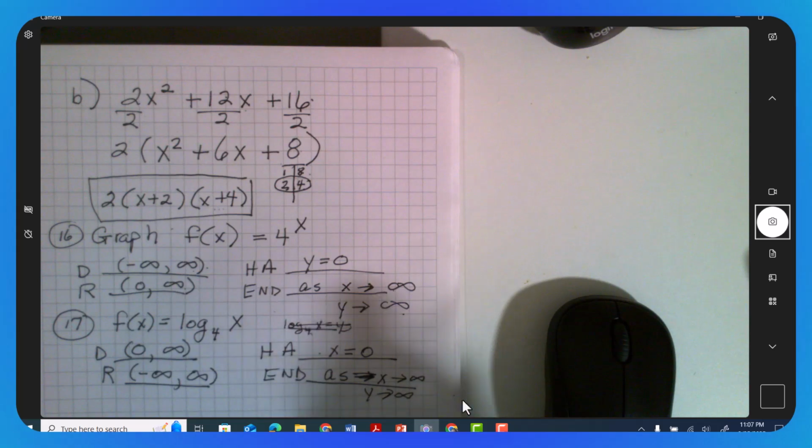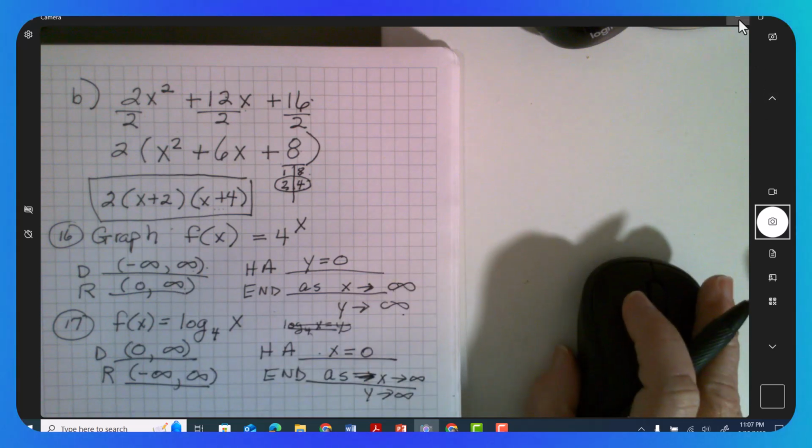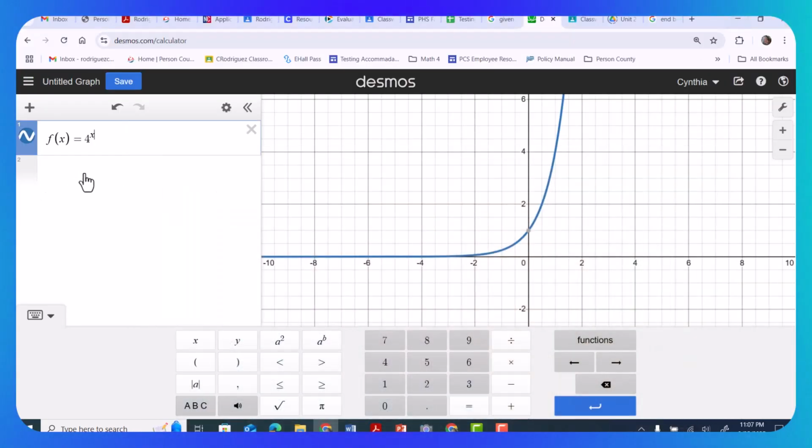Now let's look at that graph, see what that looks like. Let me put this in. So f of x equals log base 4 of x.